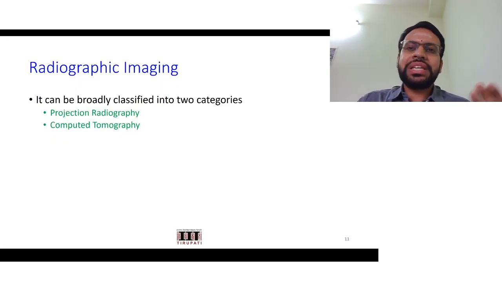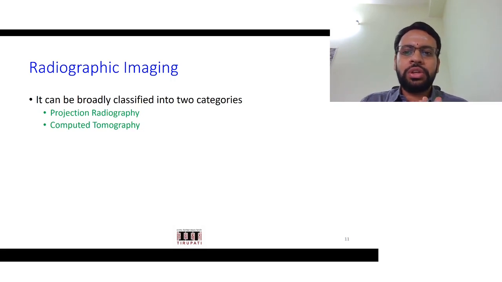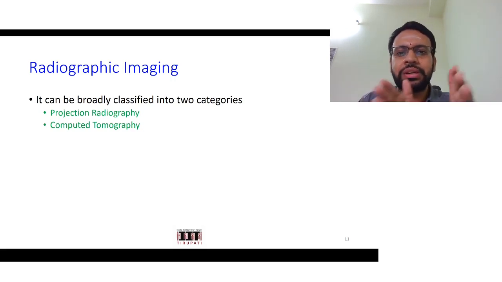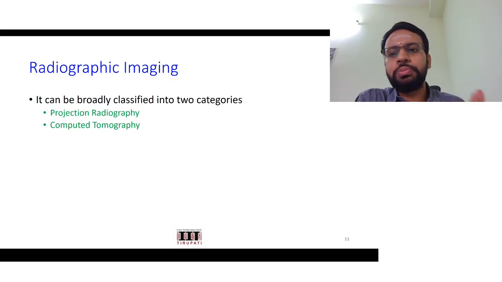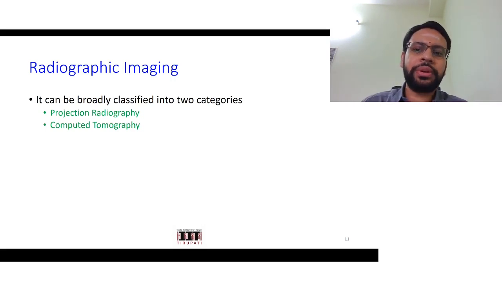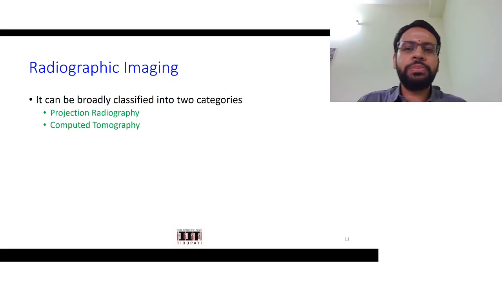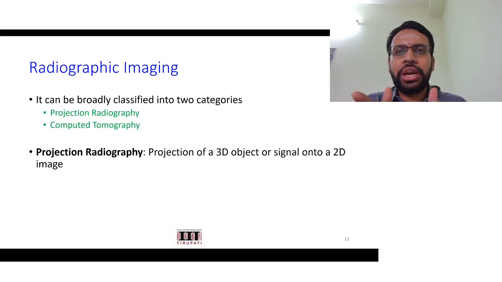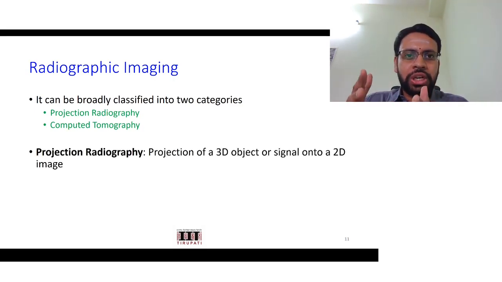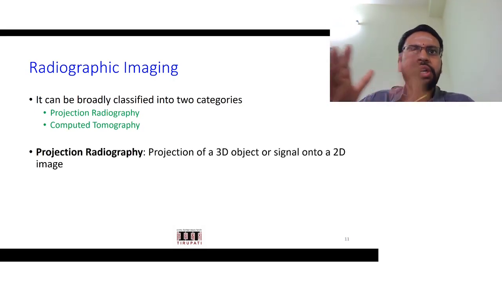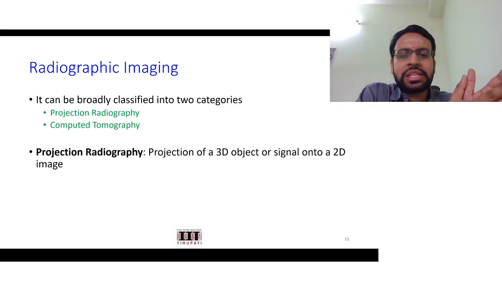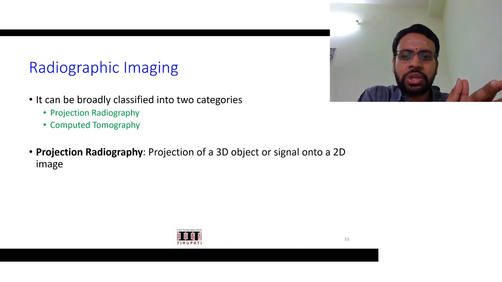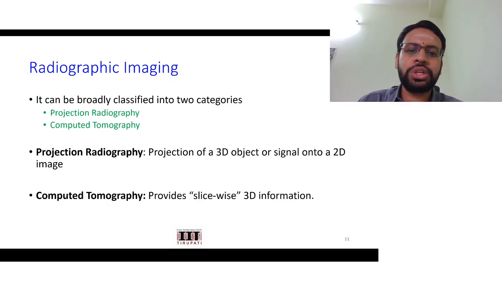If you want to classify transmission imaging into further categories, one class of methods you could put under projection radiography and another under computed tomography. Projection radiography means you are projecting a 3D object onto a 2D plane. It's also referred to as planar radiography in some textbooks. Another one is computed tomography.